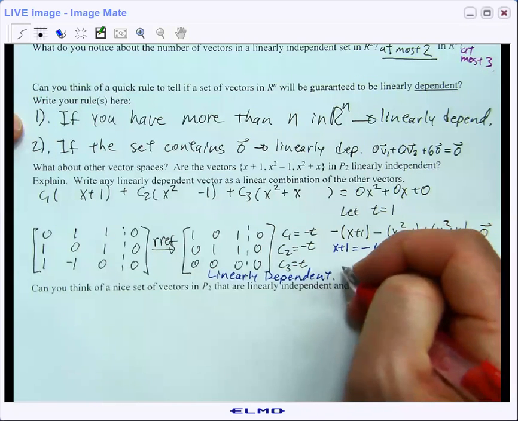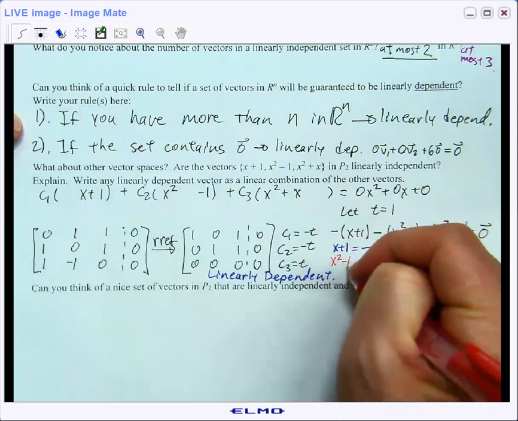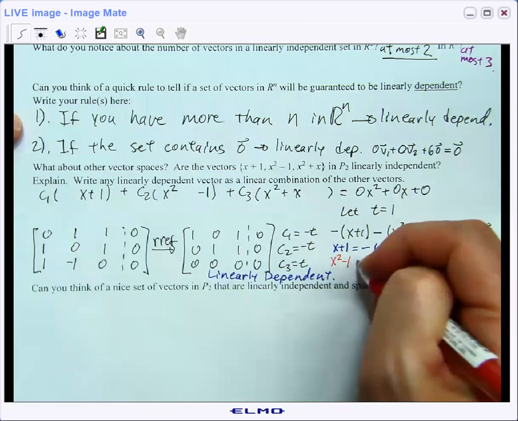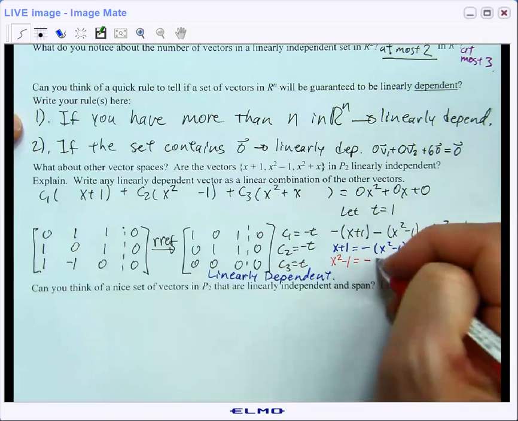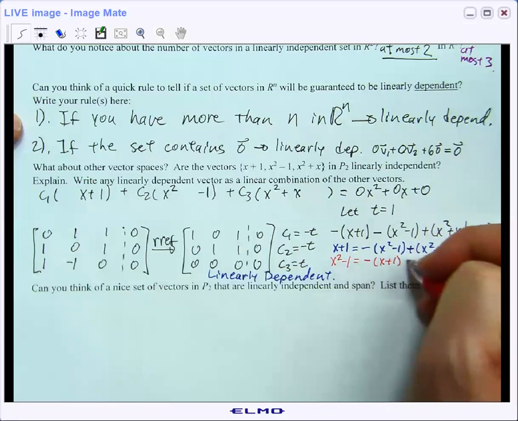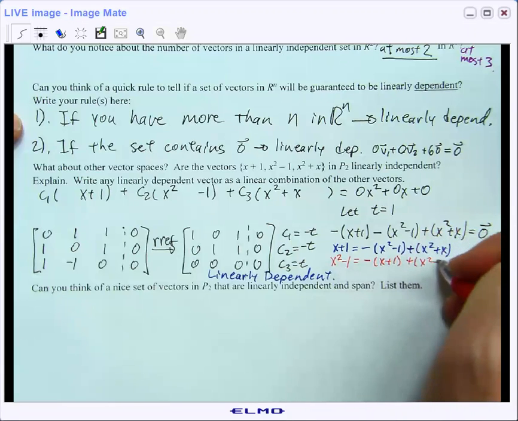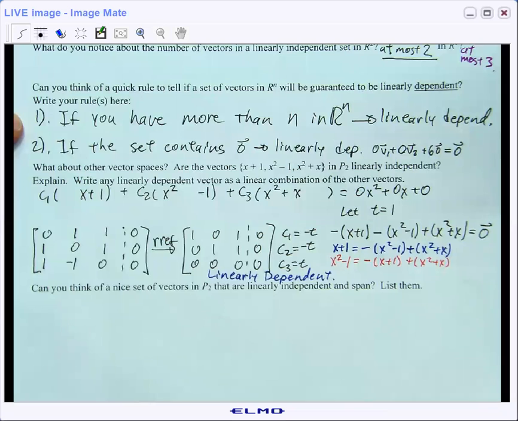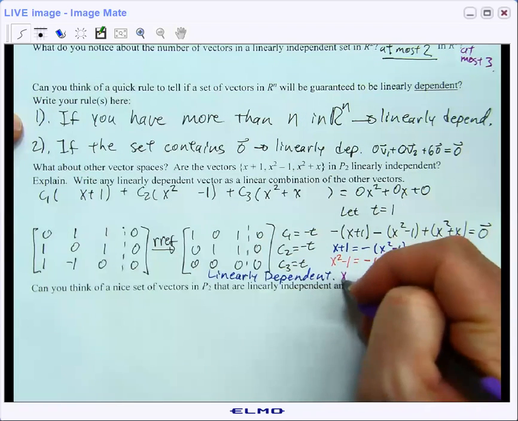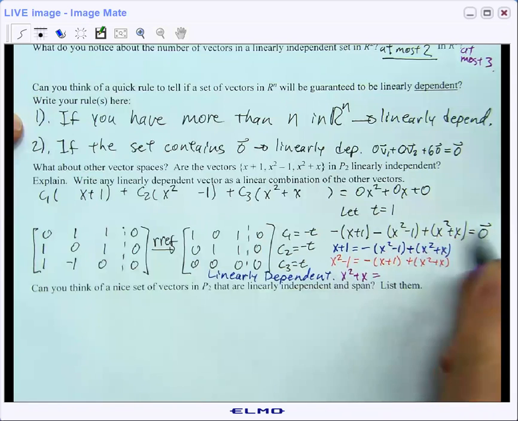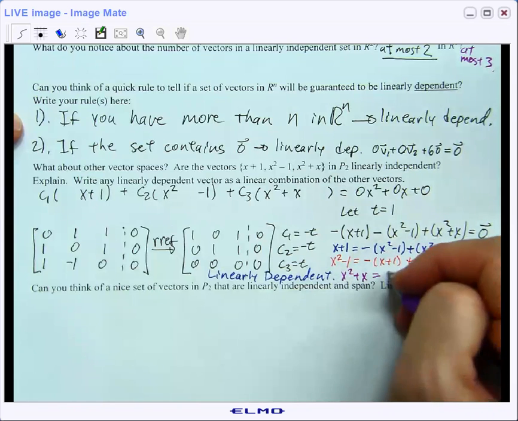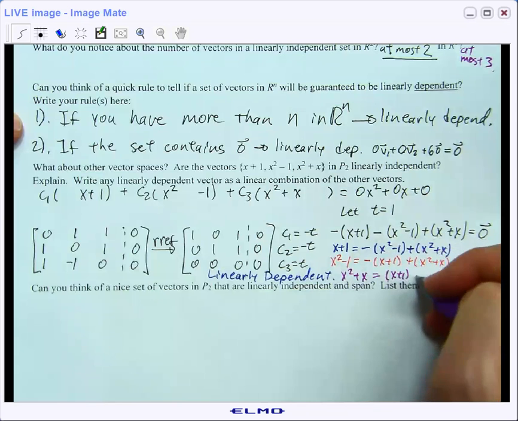Also, we could solve for the x squared minus 1 vector, and it would be negative x plus 1 plus x squared plus x. And finally, we could even solve for x squared plus x, and that would be the x plus 1 vector plus the x squared minus 1 vector.